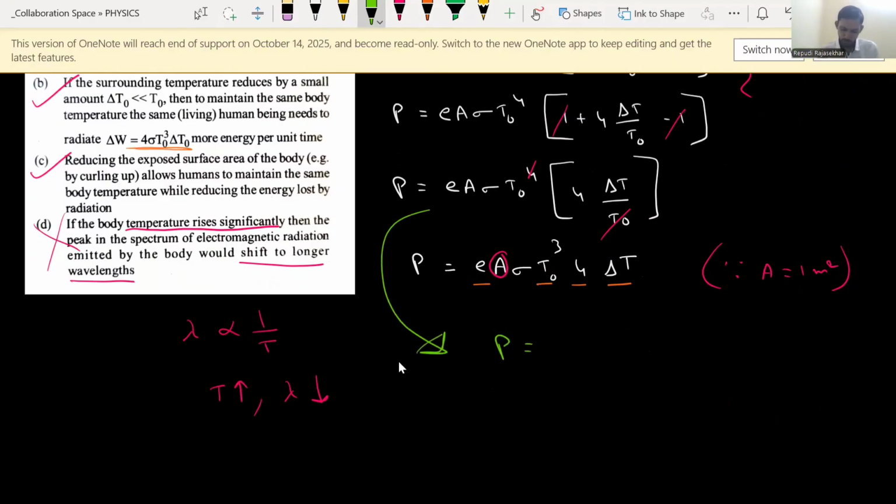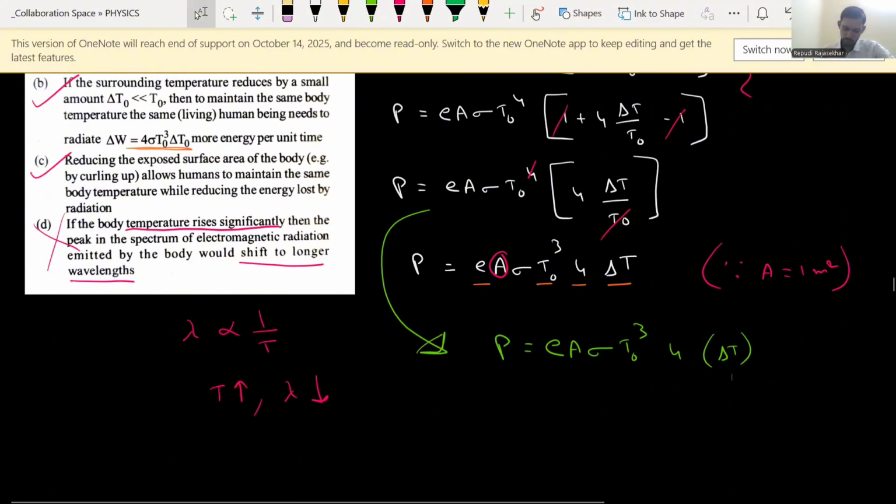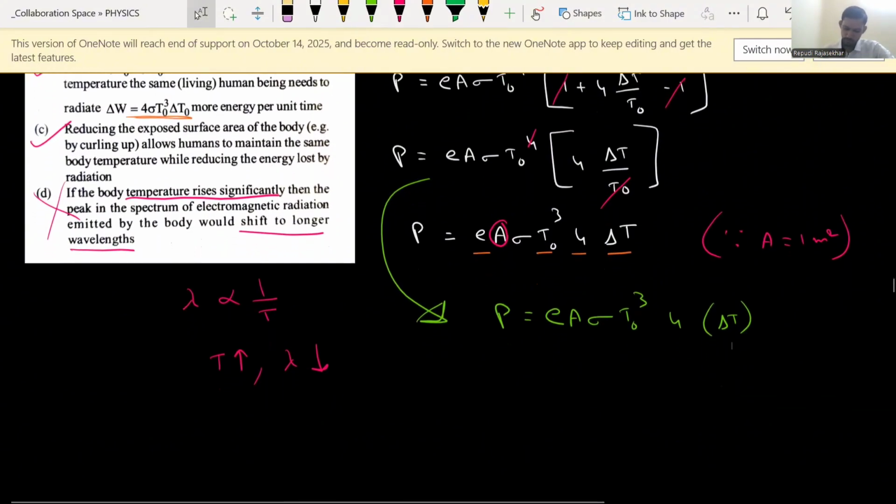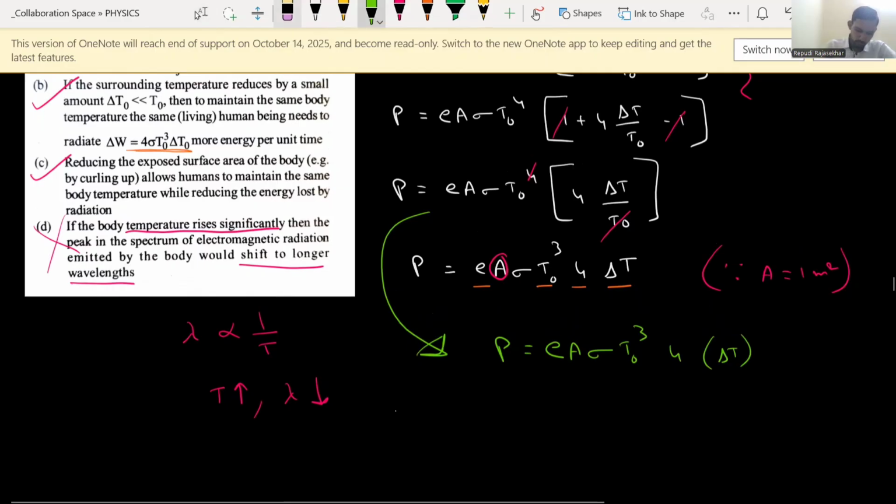P equals e A sigma T naught power 4 into 4 delta T divided by T naught. Take the required values here, just to check it.